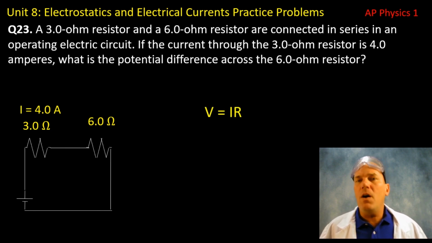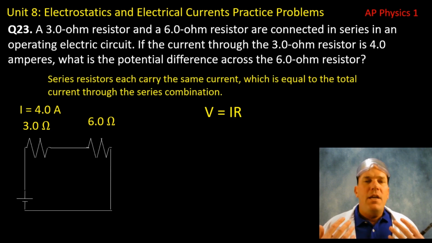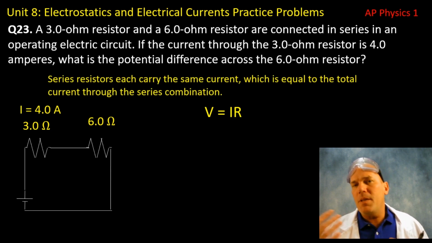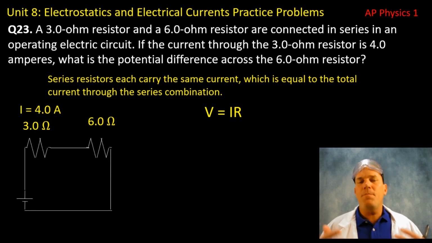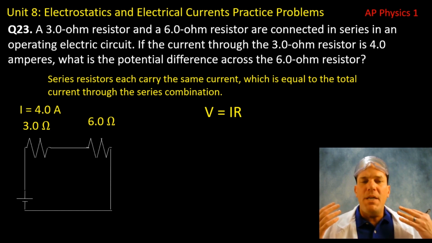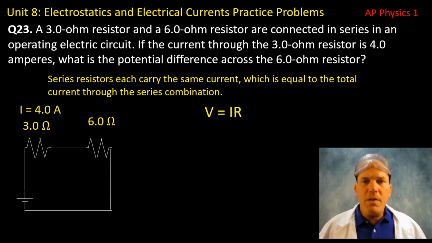We know Ohm's law: the voltage is equal to the current multiplied by the resistance. And if we go back and look at some of the facts preceding this question, series resistors are going to carry the same current, and that current is going to be equal to whatever the current is through the series combination.